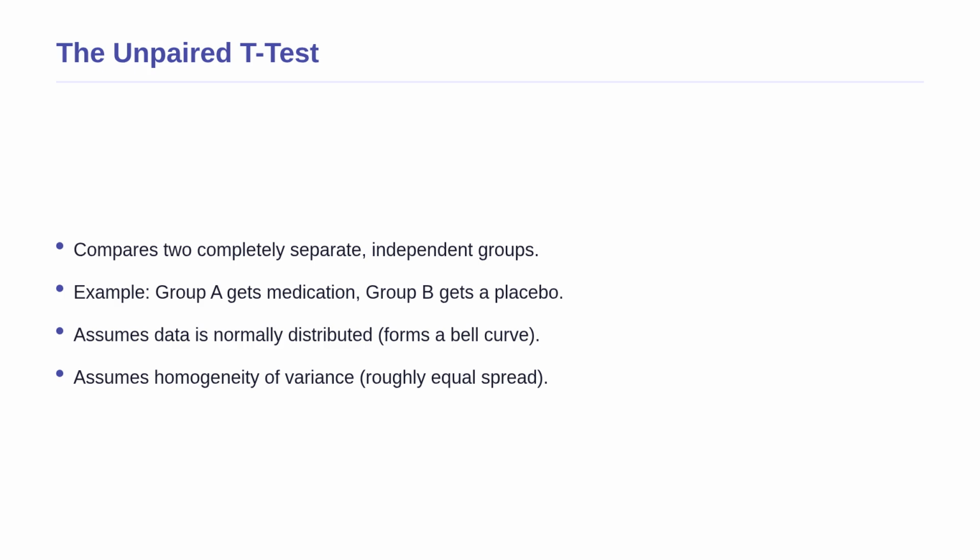The unpaired t-test is designed specifically for this exact situation. It compares apples to oranges, ensuring that the two groups have no connection to one another. It assumes your data forms a normal bell curve and that the natural spread, or variance, is roughly equal between both groups.